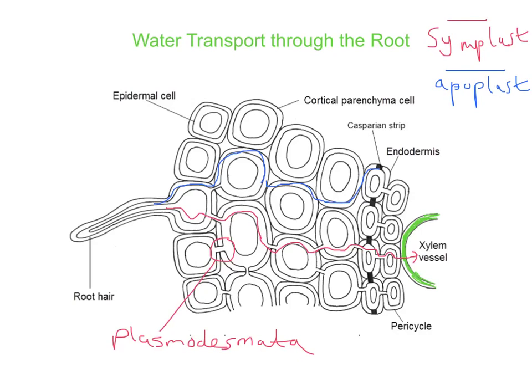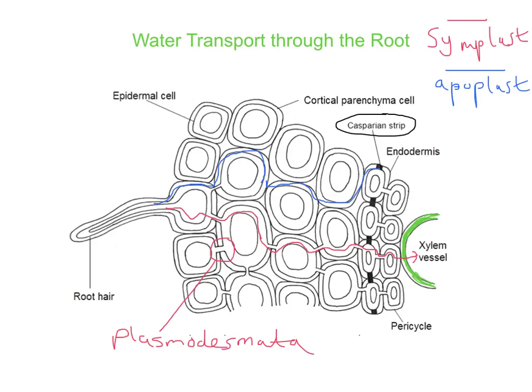But what you find is that there's a sort of block, and it's this thing here, this Casparian strip. The water is blocked by a sort of waxy strip in the cell walls called this Casparian strip.